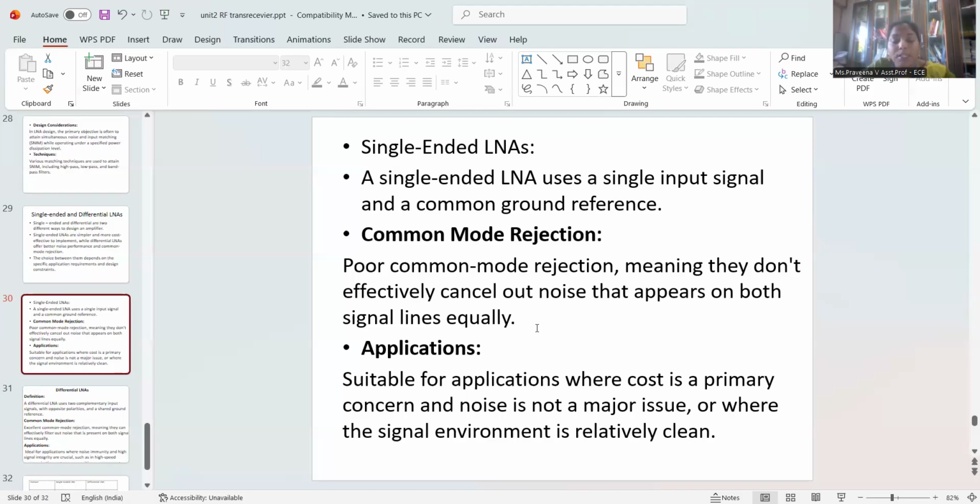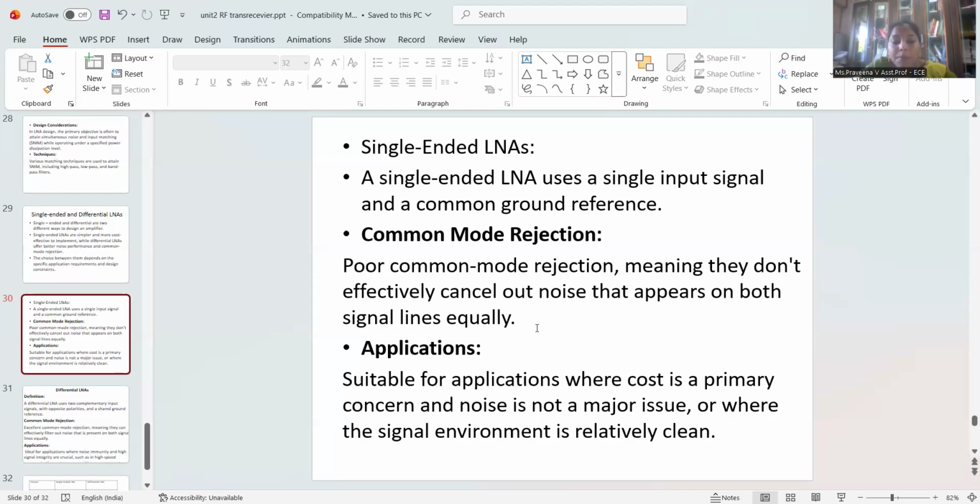For a differential LNA, the signal is carried along two complementary paths with equal amplitude but opposite polarity. The amplifier processes the difference between the two signals. That is the main concept here.